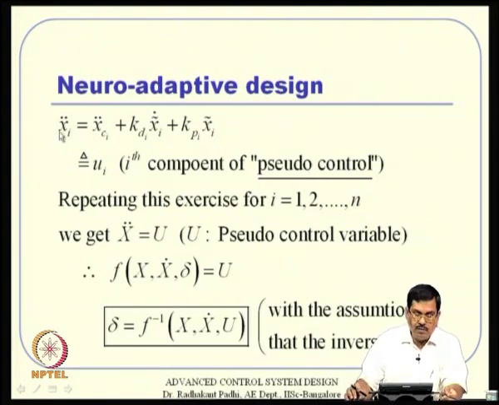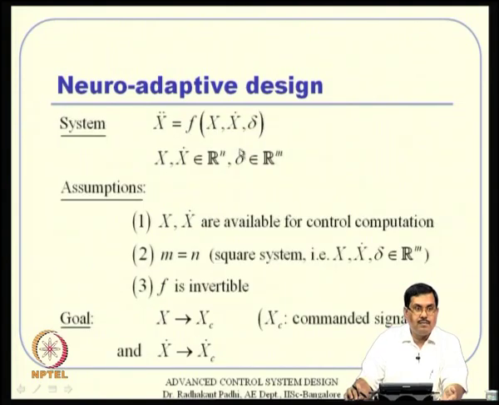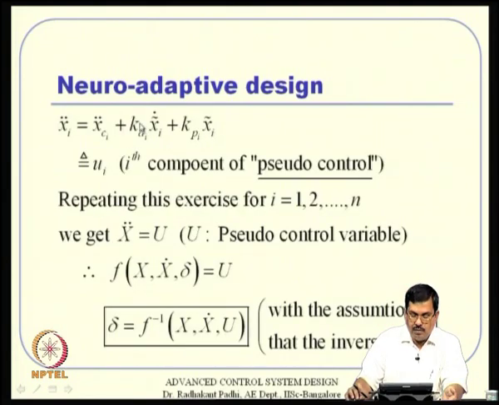What you really want is for x i double dot to behave like this, where k d and k p are design gains. That is something we are enforcing, and it has nothing to do with the system dynamics yet. Whatever we are enforcing is like a control variable, and that is why it is called pseudo control. So x i double dot is u i, the ith component of the pseudo control.